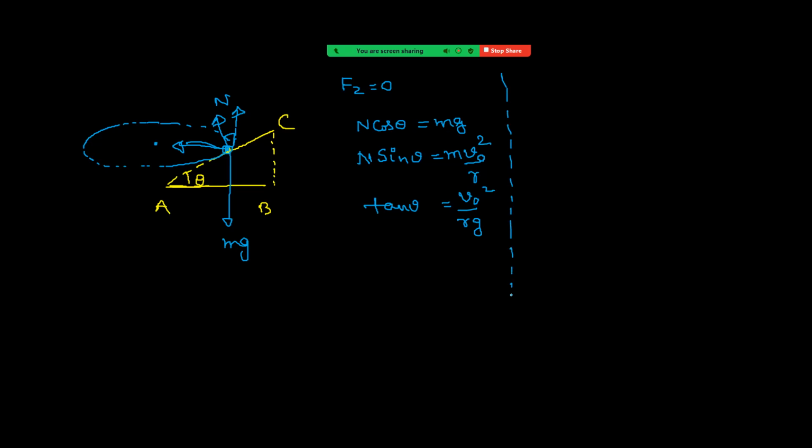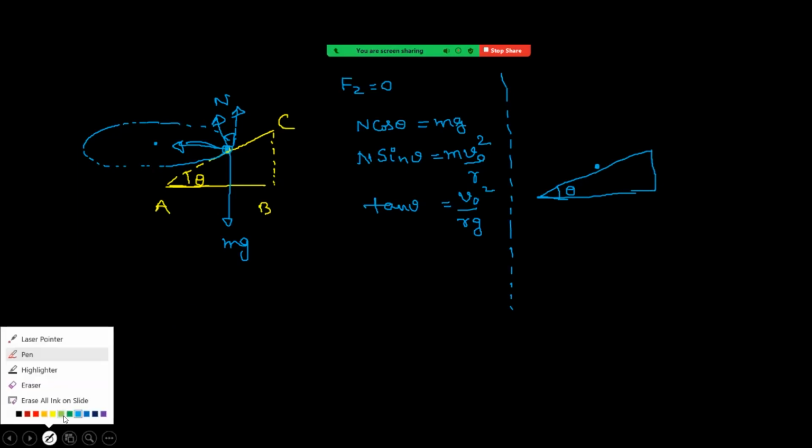Let us solve this. And to understand this, let us take the diagram from the vehicle frame. Vehicle frame means it is a non-inertial frame. The angle is theta. Suppose this is the vehicle. Then see how many forces act on the vehicle.